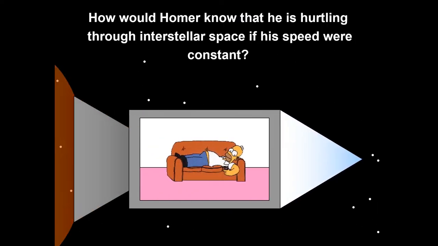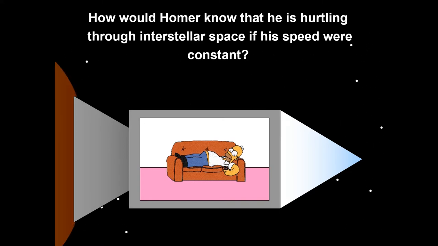How do you suppose Homer would know that he is hurtling through interstellar space if his speed were constant? Well, this you can picture almost similar to us here on Earth. How do we know that we are hurtling through space at some immense velocity, even though our velocity is constant, right?